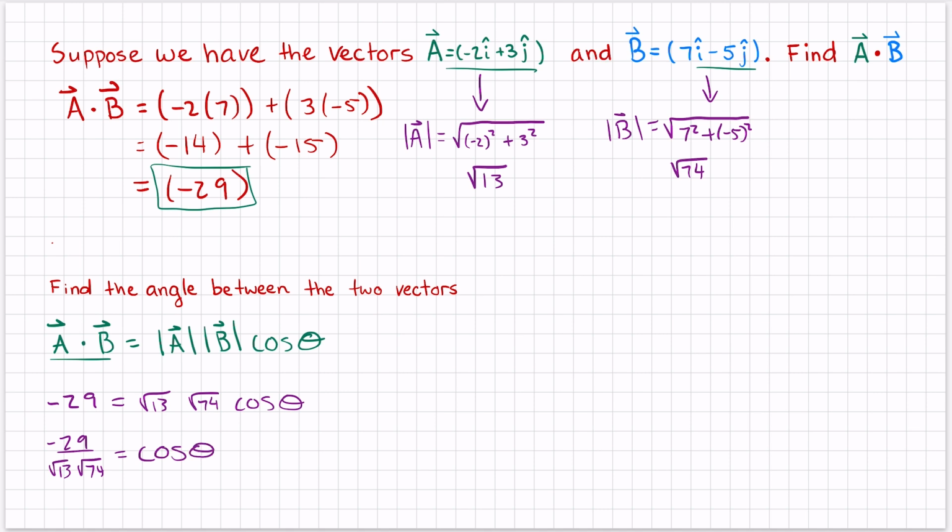theta. And from here, there's a little trick that you may or may not be aware of. If you know what cosine theta is equal to, then you can take inverse cosine of what that's equal to and set it equal to theta. Let me show you exactly what I mean.